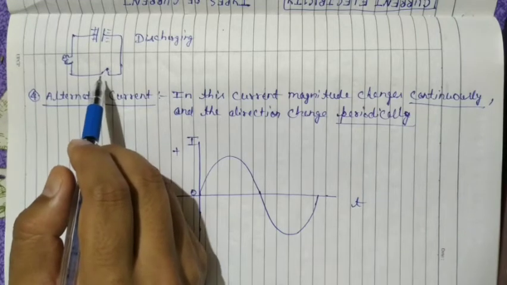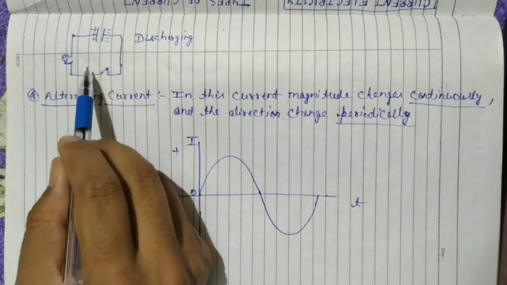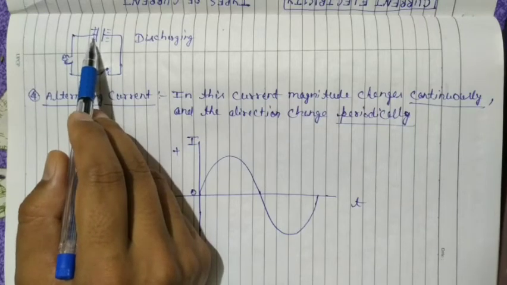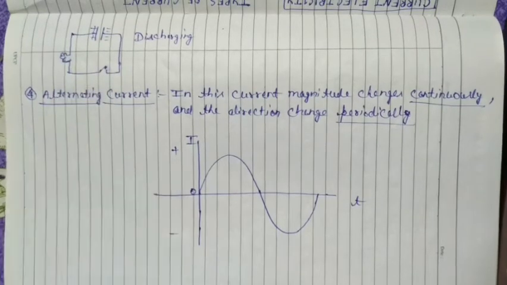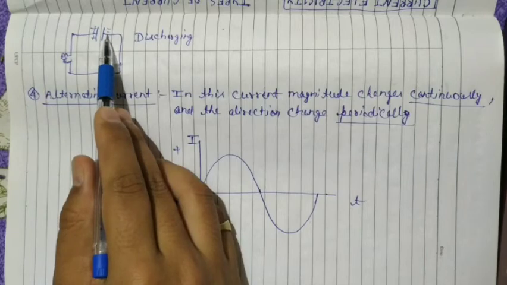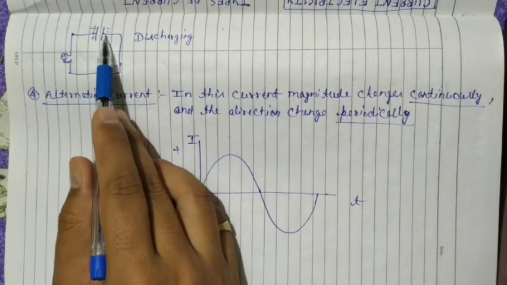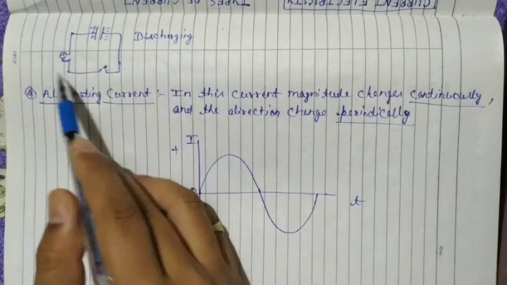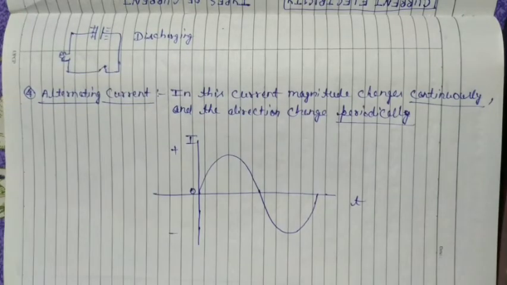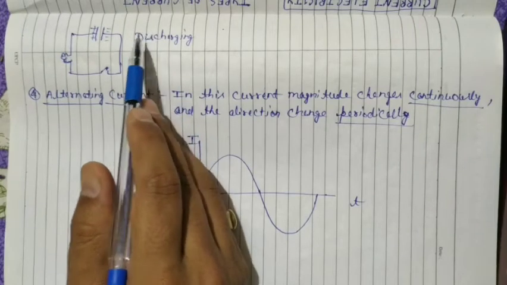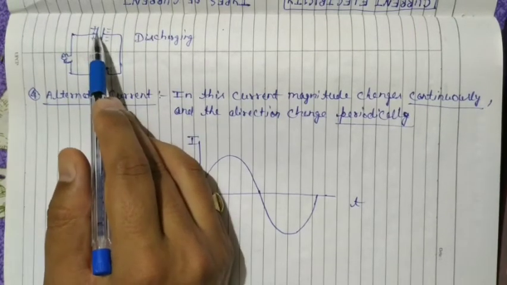The moment we close the circuit, all the charge rushes toward negative with full speed. When all the charge has come here, no more charge, no more current, and this takes a very small time. We call it discharging because the capacitor is discharged.